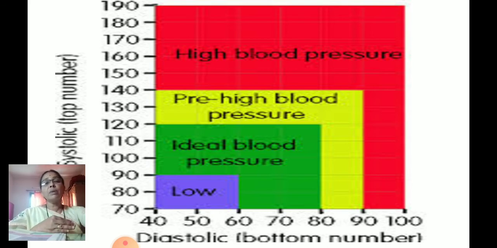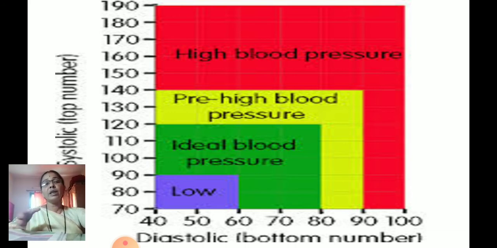Diastolic pressure is low and systolic pressure is high. Systolic pressure of 120 to 139 we say is the normal pressure of the blood on the walls of the arteries. Diastolic pressure means its range is from 80 to 89.